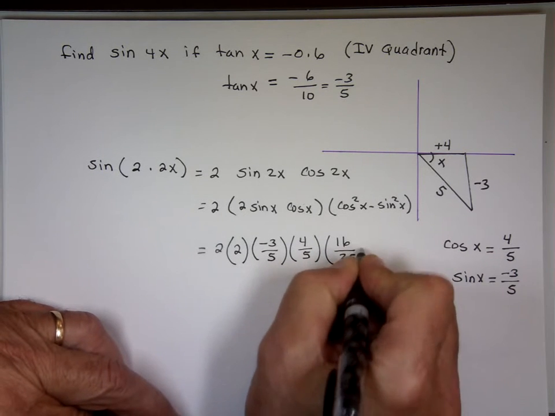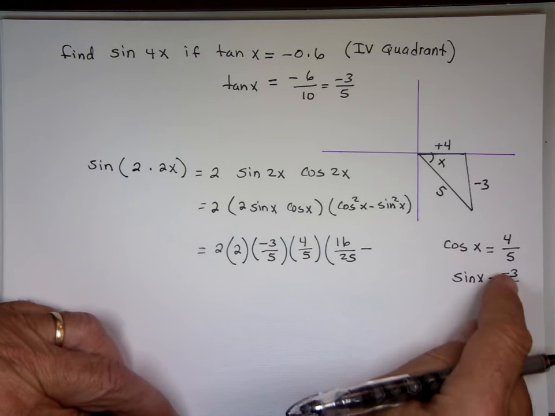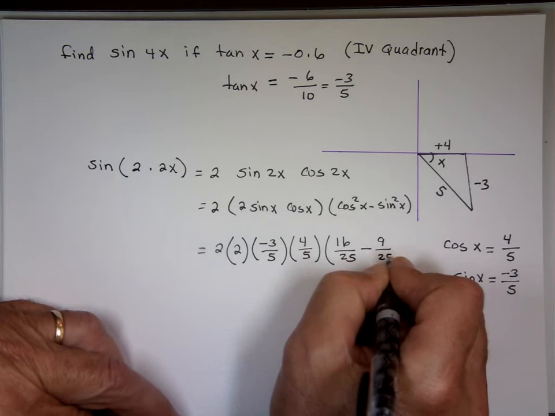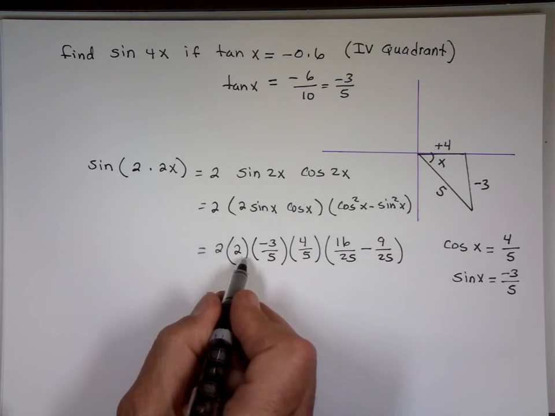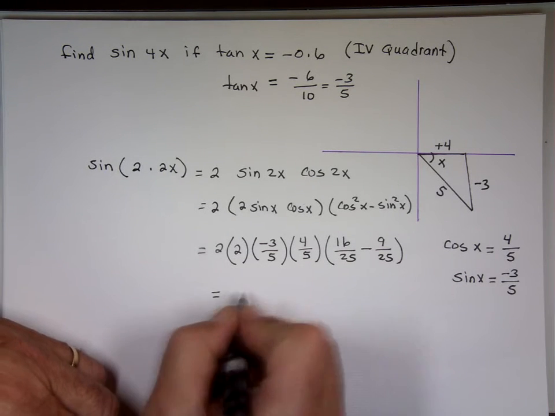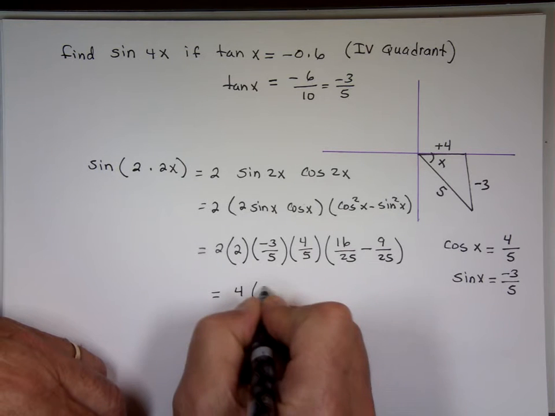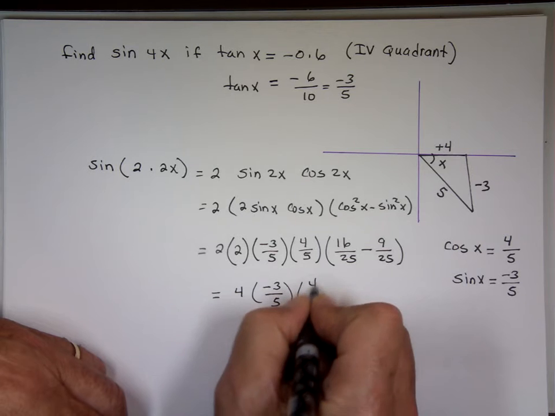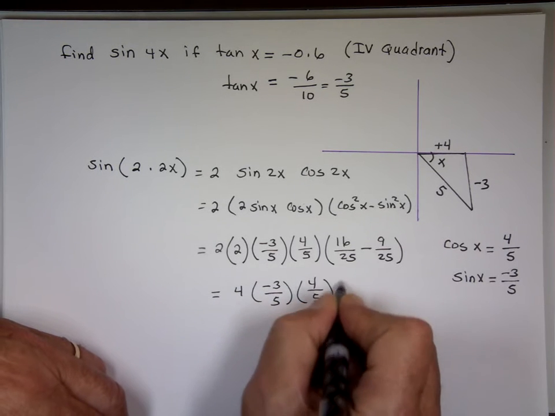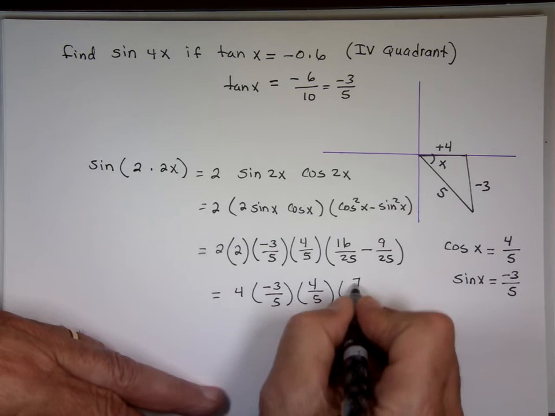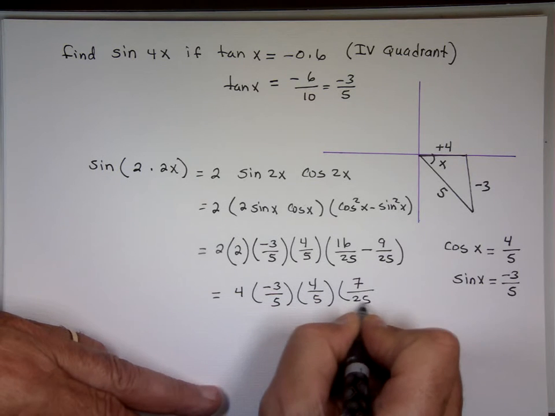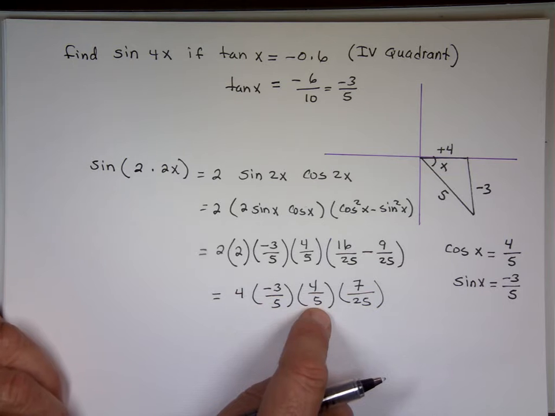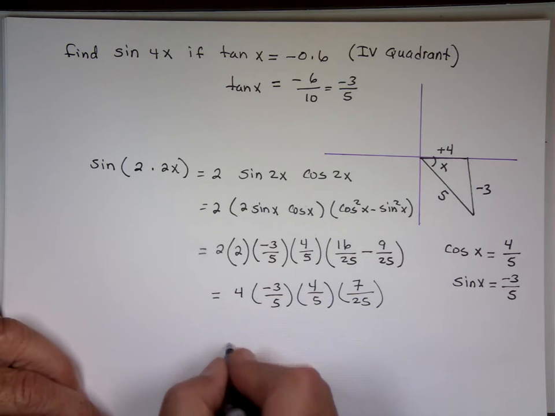Minus, what is the sine squared when you square that one? 9 over 25. 2 times 2 is 4. So that's 4 times negative 3 over 5, times 4 over 5, times what's 16 minus 9? 7 over 25. The bottom: 25 times 5 is 125, times 5 is 625.